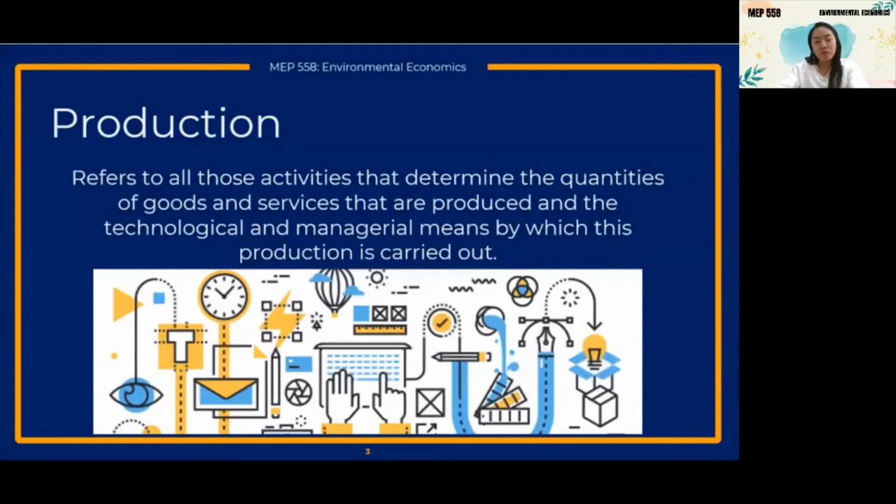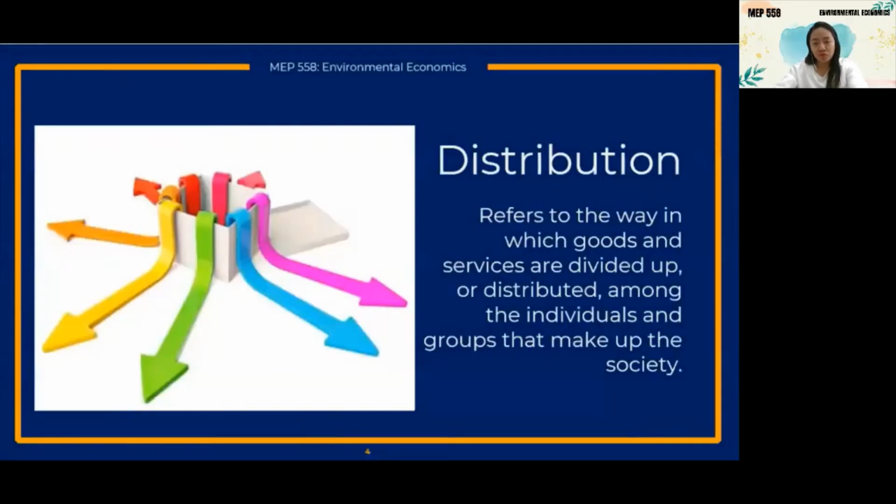Production refers to activities that determine the quantities of goods and services being produced, while distribution refers to how the goods and services are divided and distributed among individuals and groups. The final utilization of these goods by individuals, households, or organizations is termed consumption.